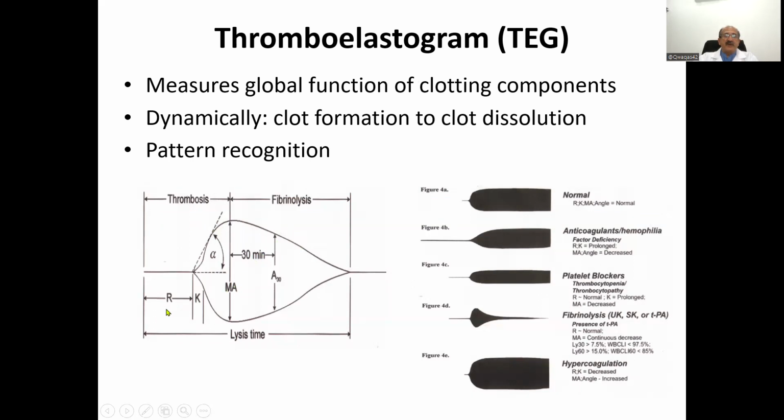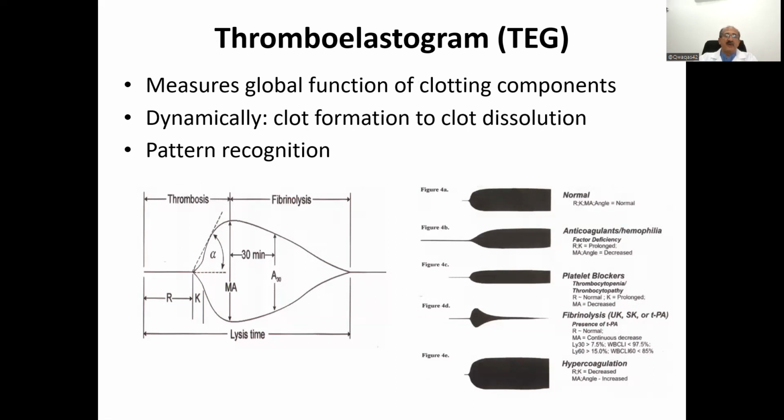There are different components: R time, K time, alpha angle, and maximum amplitude, lysis time. If all these things are deranged, we can exactly know what blood component is required.